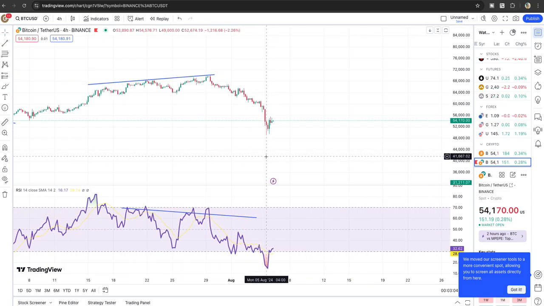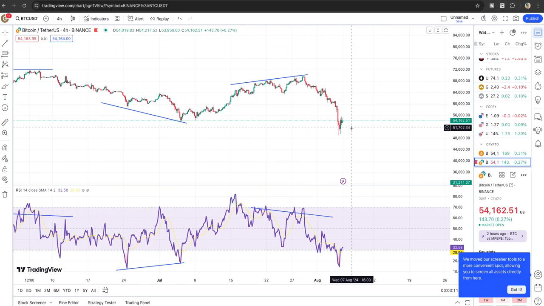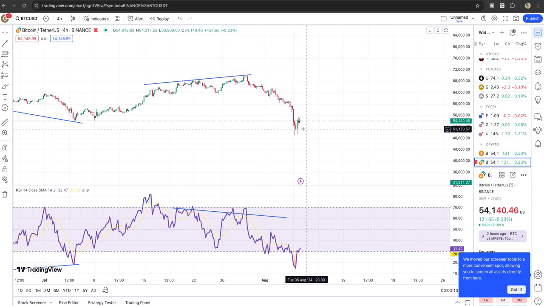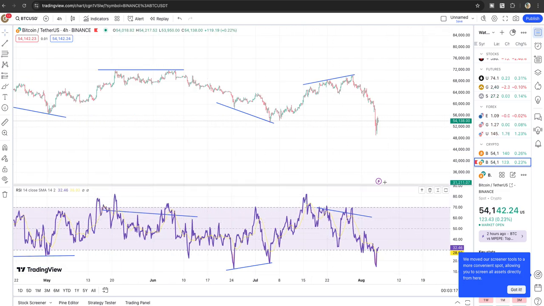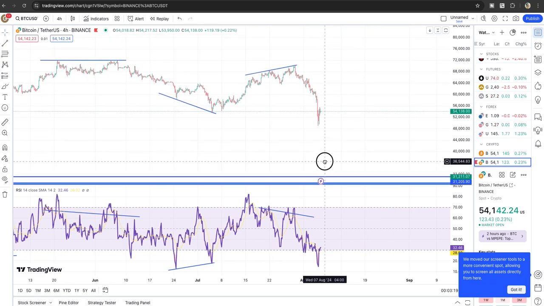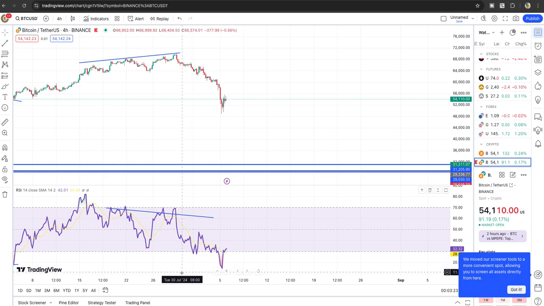Okay, now I am at this place, but you can see this is not exactly the bottom. We cannot be sure of the bottom, we cannot identify the bottom, because there's no RSI even further down there.